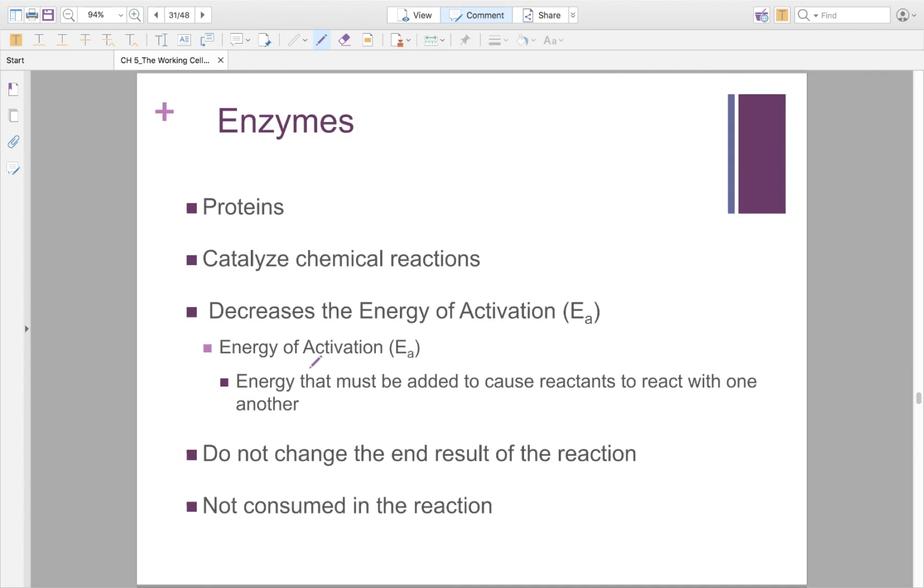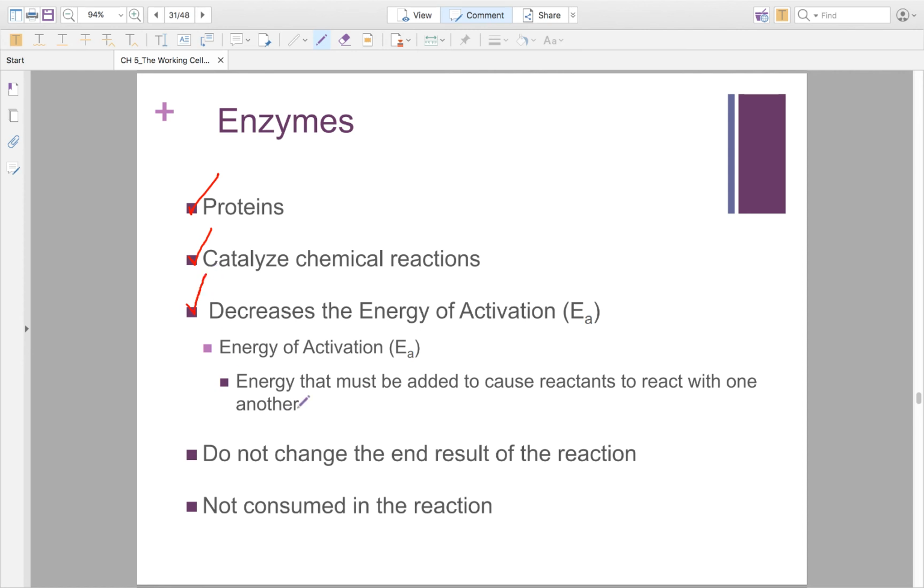Next topic is enzymes. Now, a couple of facts about enzymes. Number 1, enzymes are proteins, all of them. But not all proteins are enzymes. Enzymes catalyze chemical and biochemical reactions by decreasing the activation energy.